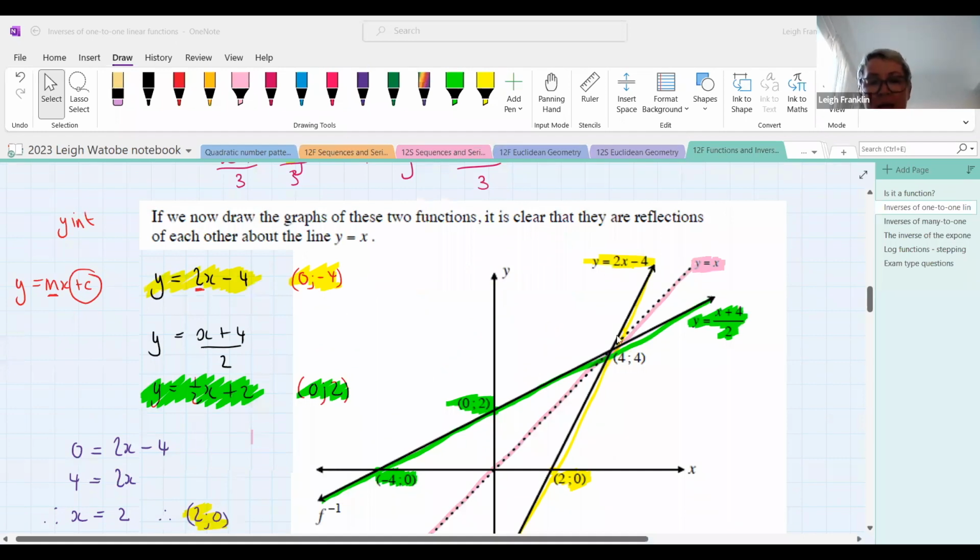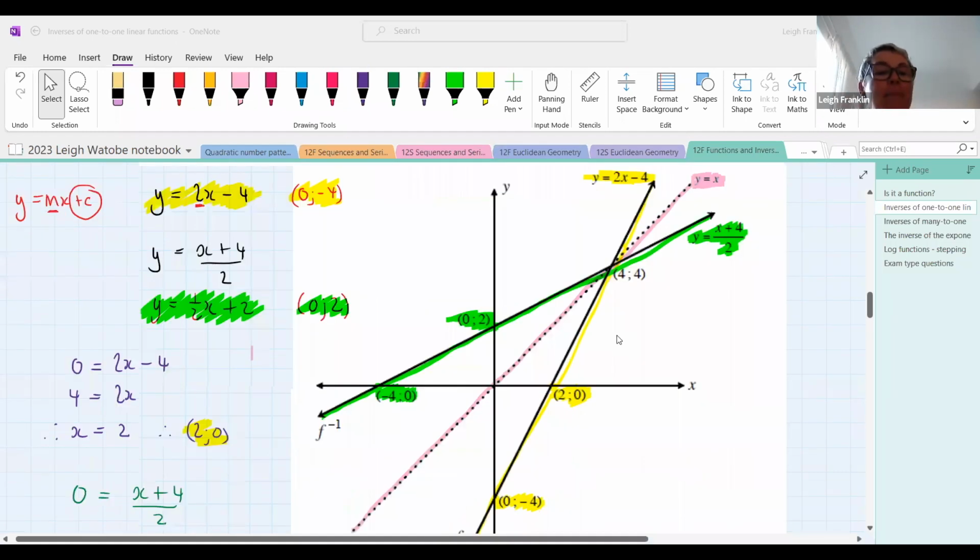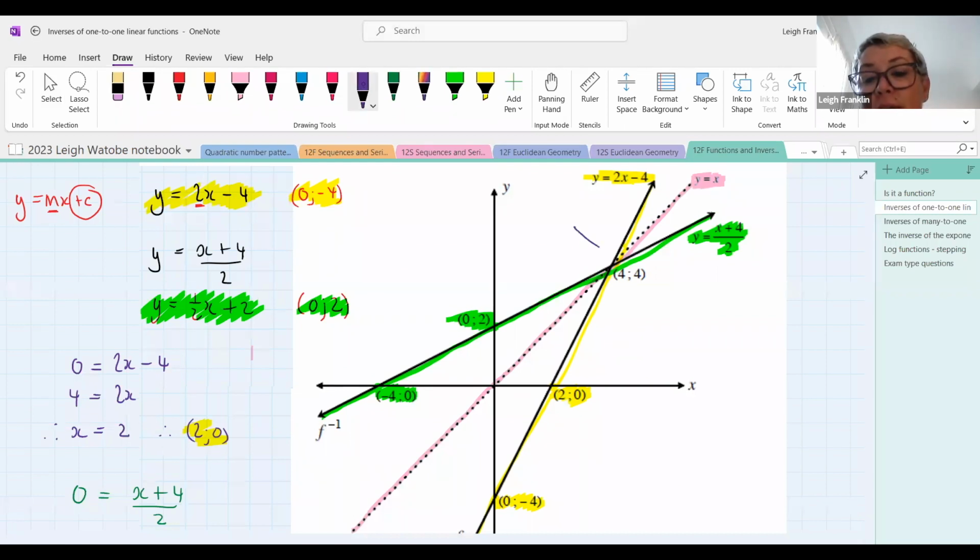Good. Okay. So the other thing that they might ask you to do, Matrix, is they might ask you to solve the coordinates at the point of intersection. The point of intersection that I'm referring to is this one over here where the purple arrow is.